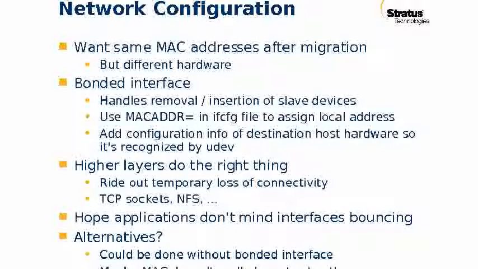We have to hope applications don't mind their interfaces bouncing. If you had an application that was watching network interfaces and saw them bouncing around, it could potentially get confused, but we haven't seen anything do that so far. Are there alternatives to this method? Probably. I think, in fact, the MAC address thing was a bit of a misdirection. It could be done without a bonded interface, because really the MAC doesn't have to stay the same.